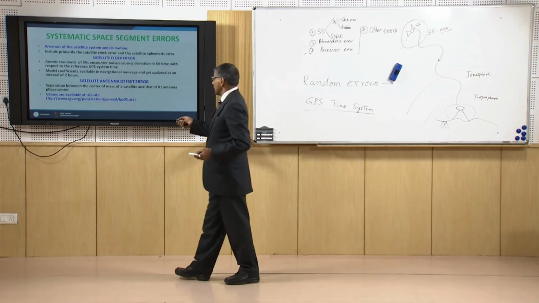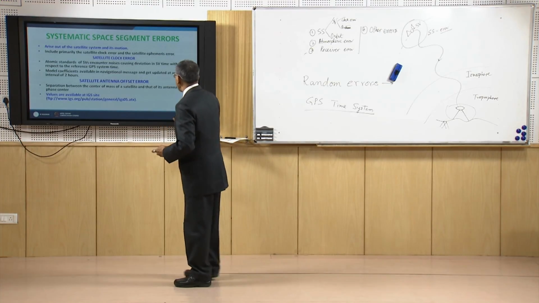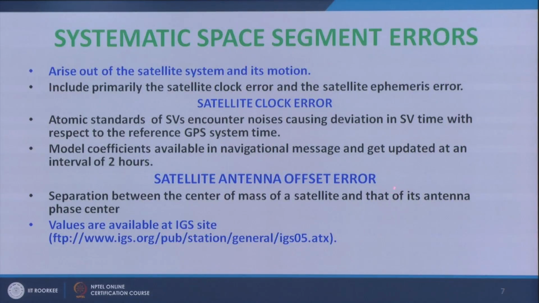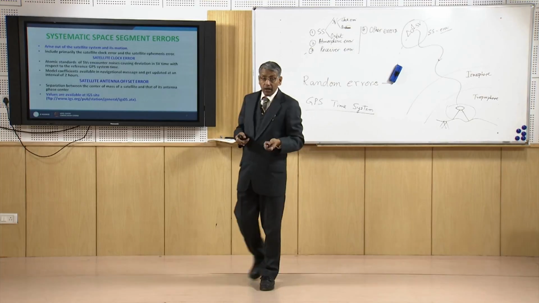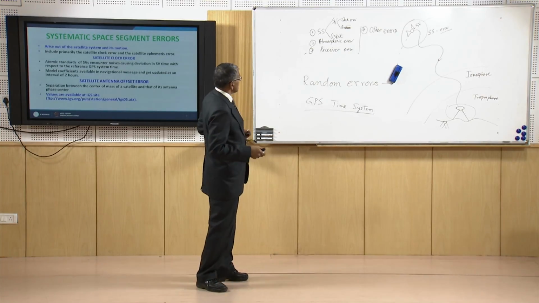So model coefficients are available in the navigation message, and these coefficients will help us to compute the error in satellite vehicle clock.